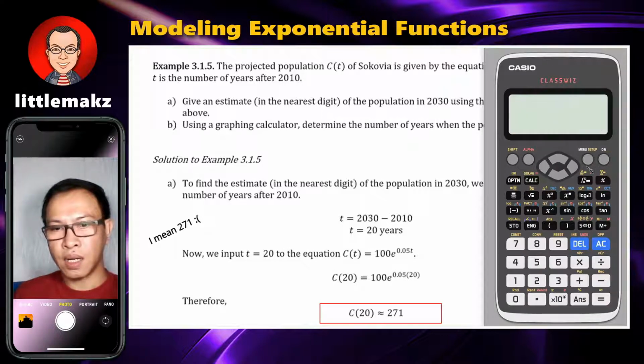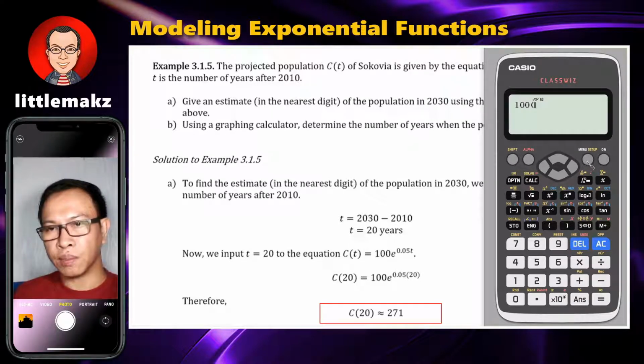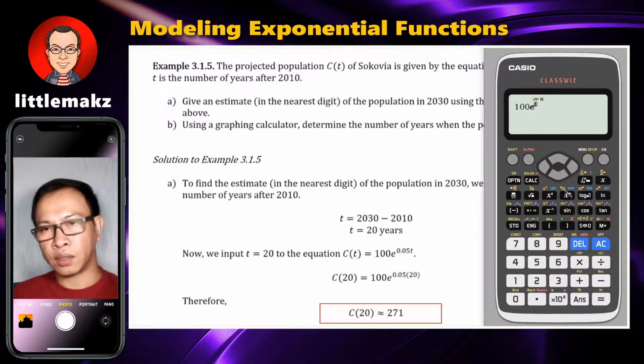The e here could be done by looking at the e, the scientific notation here, but we could also use Shift and the natural log key, which gives us the placeholder for our exponent. Our exponent here is the product of 0.05 multiplied by the number of years, 20, and it gives us 271.82.